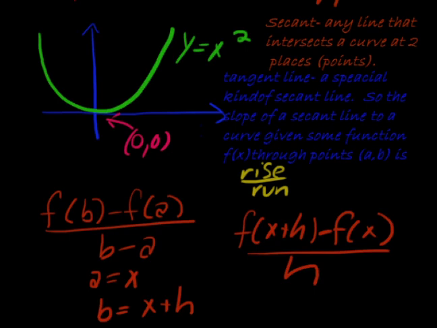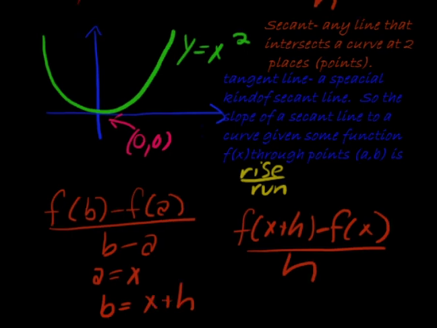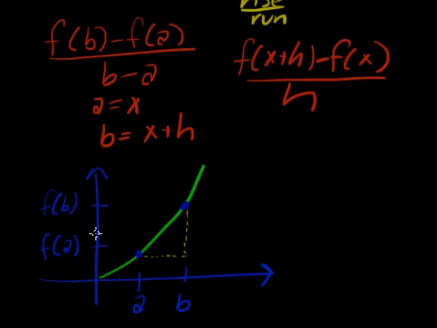So these are really two ways of describing the same thing, which in picture form looks something like this. If we look at this curve and we draw this triangle, we know that this side has length b minus a, and this side has length f of b minus f of a. And we know that the slope of a triangle equals rise over run, which is just this formula, right?